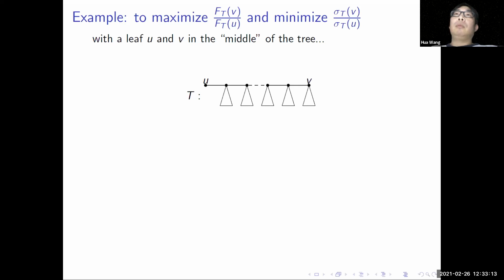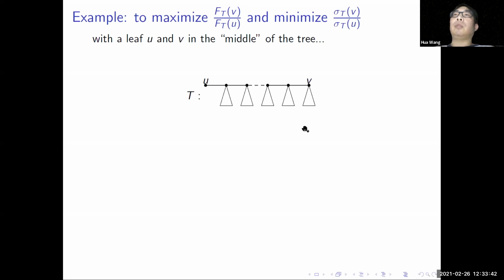So one simple case of this study is, let's say you want to maximize this ratio and minimize that ratio. That is to say, we want this pair of vertices, and we want the ones containing V to be much larger than U, or vice versa, depending on whether you are looking at the number of subtrees or the distance.